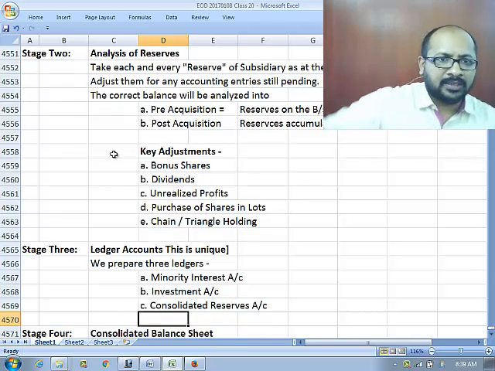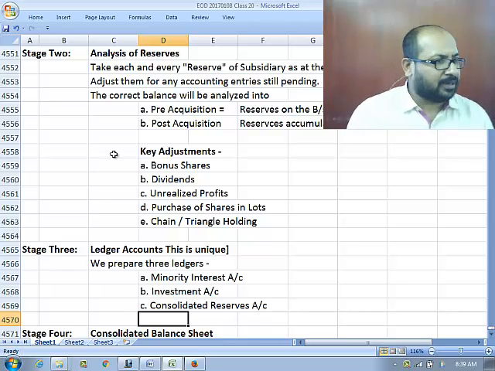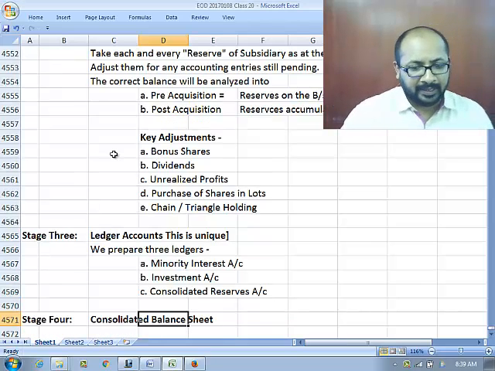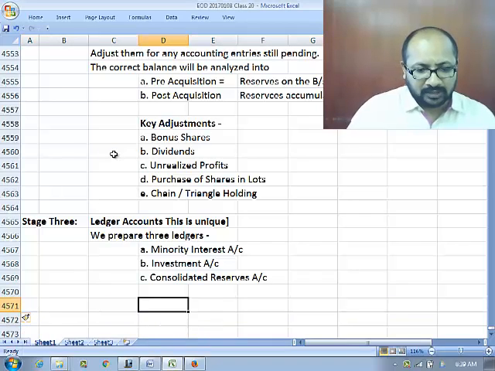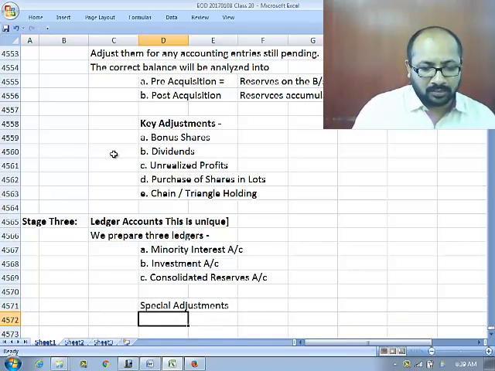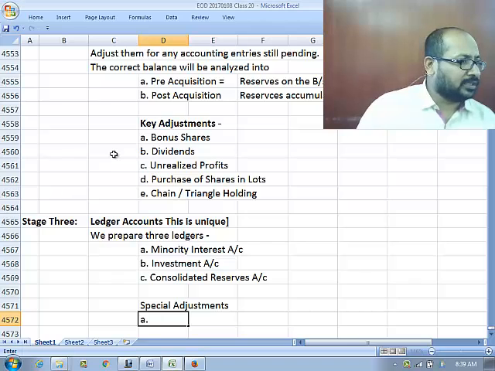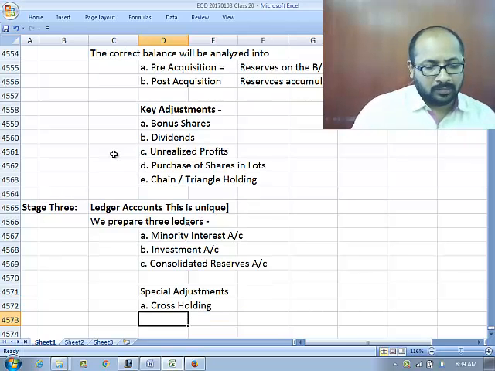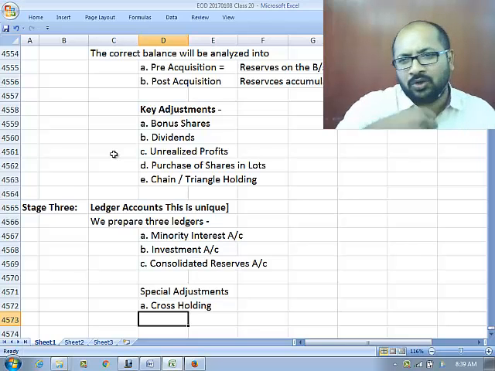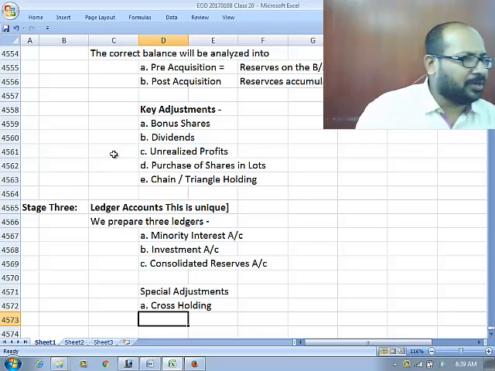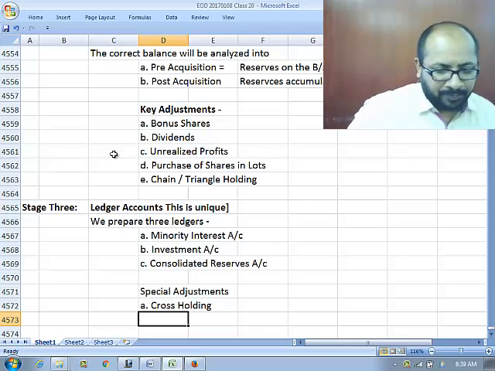And the same thing will happen pretty much even here as part of your stage 3. But stage 3 special adjustments would be something called cross holding. Cross holding is a way too time consuming and laborious bunch of activities that we'll be seeing. And a very special case for chain holding and triangular holding.